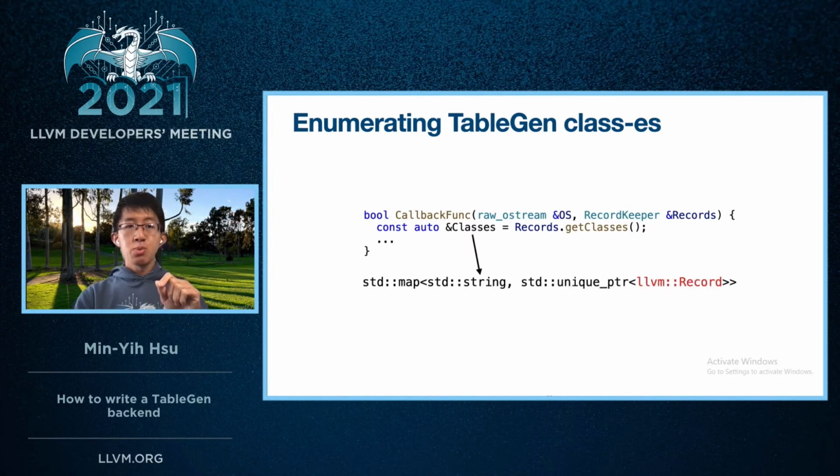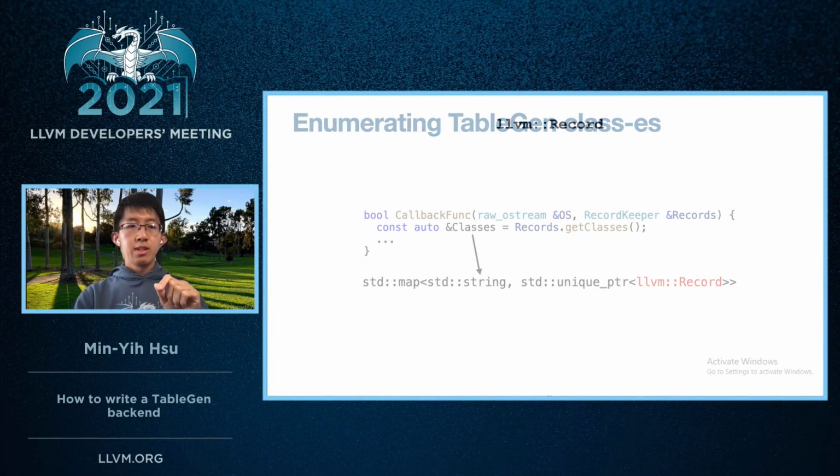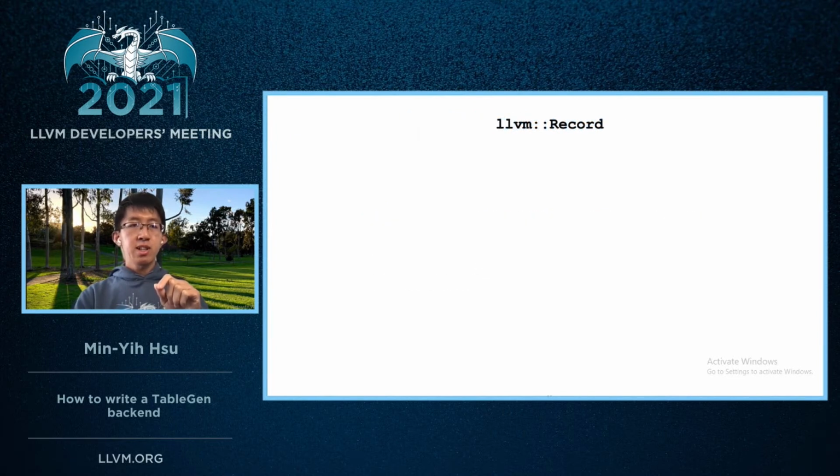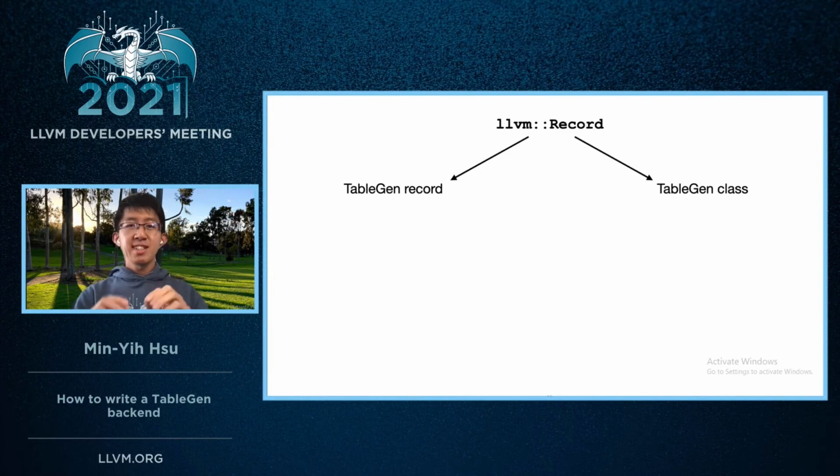a pointer to records. This record, the LLVM Record class, is an important construction in the TableGen ecosystem. Despite its name, it's actually used to represent both a single TableGen record and a single TableGen class. This might sound a little bit weird at first glance.